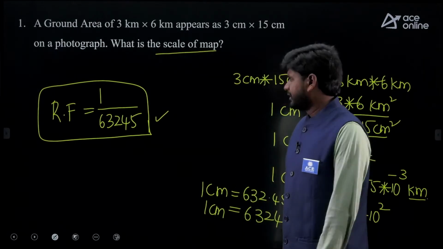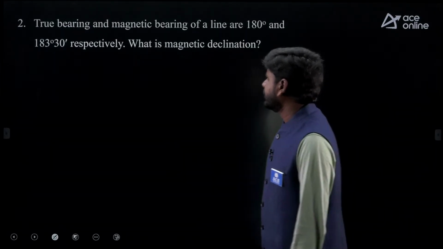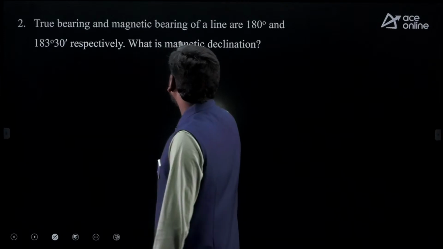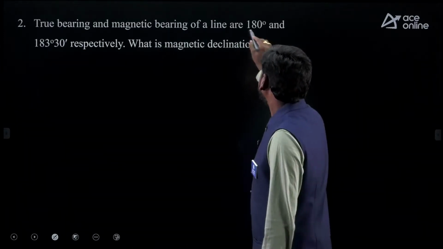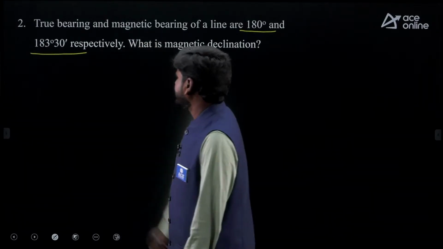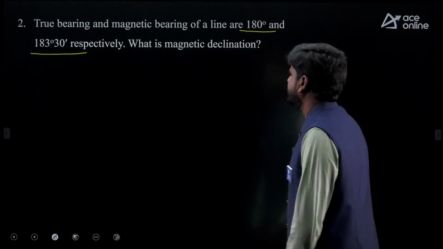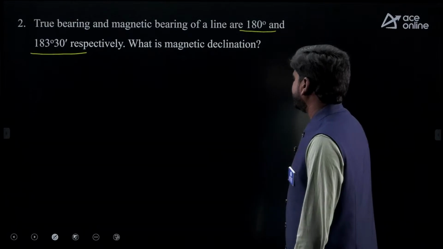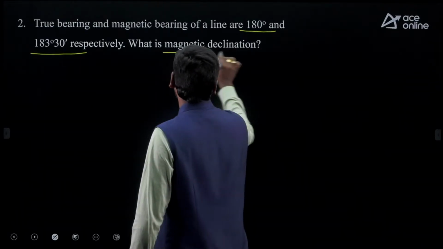So let us solve the second question. True bearing and magnetic bearing of a line are 180 degrees and 183 degree 30 minutes respectively. What is the magnetic declination?